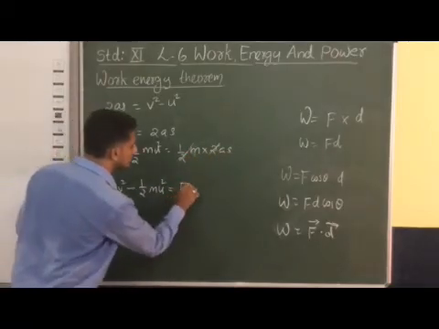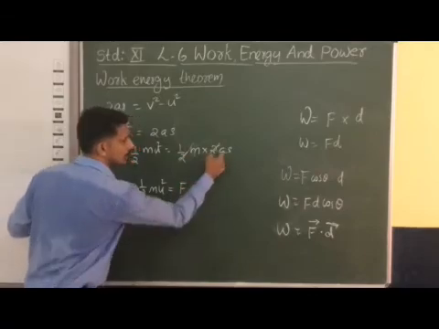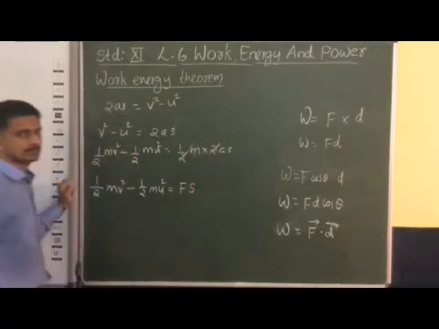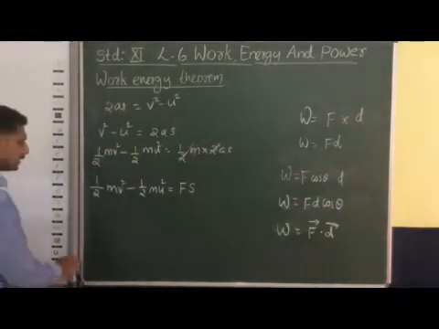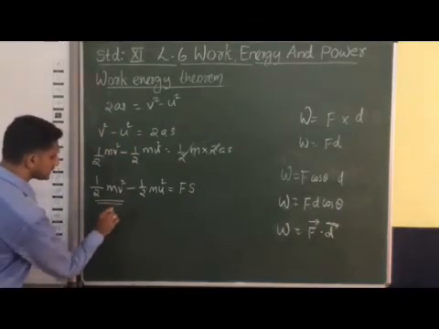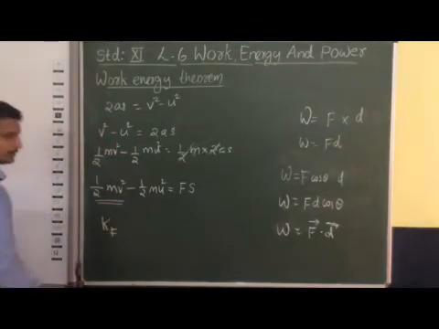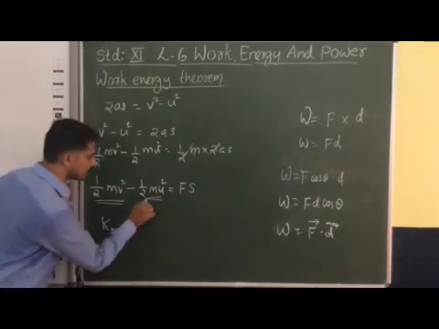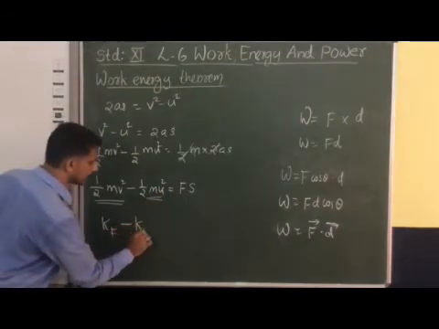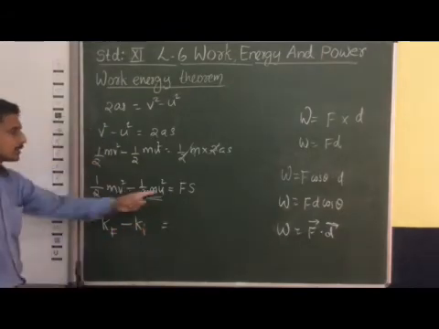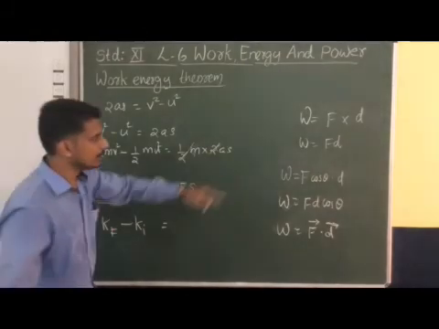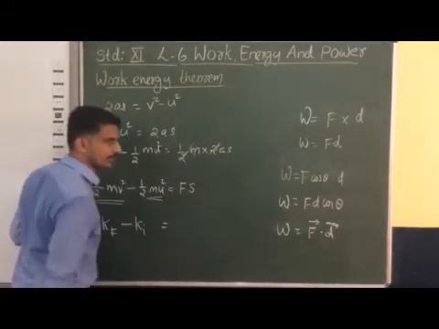M into a is force, and s is displacement, so it is force into displacement. Here half m v square is the final kinetic energy, and half m u square is the initial kinetic energy, which is equal to force into displacement, Fd or Fs.